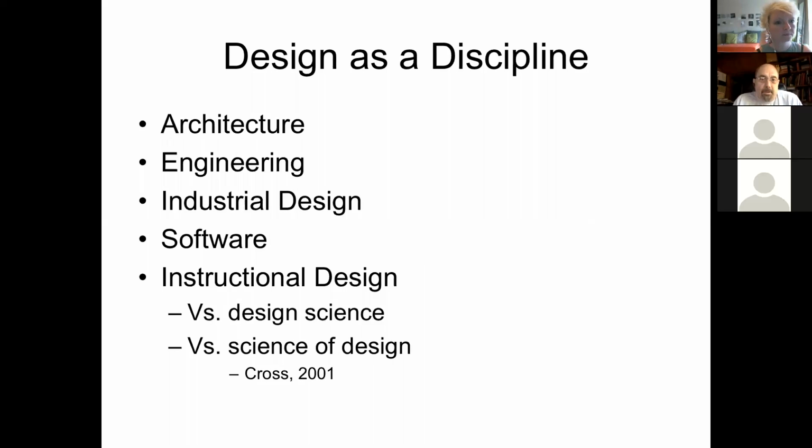There are examples of this in architecture, engineering, industrial design, software, and increasingly instructional design. When you see articles that talk about design science or the science of design as a generalizable thing, that's what they're talking about. If you see those terms used in the context of instructional design, then that's when you're talking about probably something like Agile, some variation on Agile as a discipline.